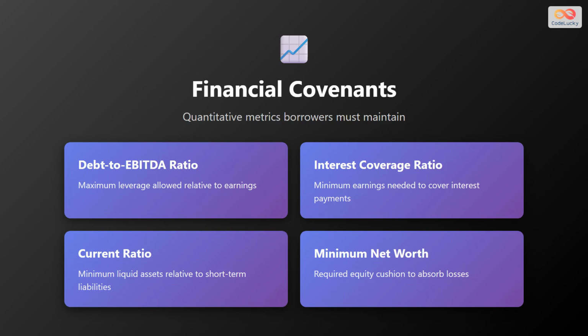The current ratio mandates minimum liquid assets relative to short-term liabilities, ensuring the company can meet its immediate obligations. Finally, minimum net worth requirements establish a required equity cushion to absorb losses. These metrics are tested quarterly or annually and provide objective measures of financial health.